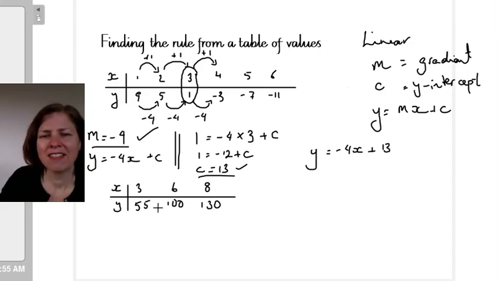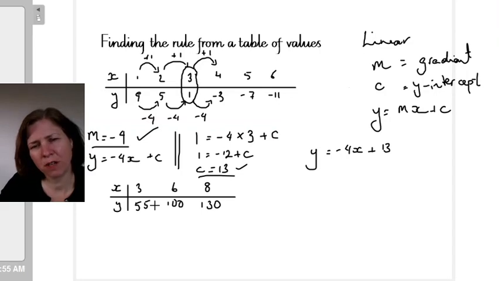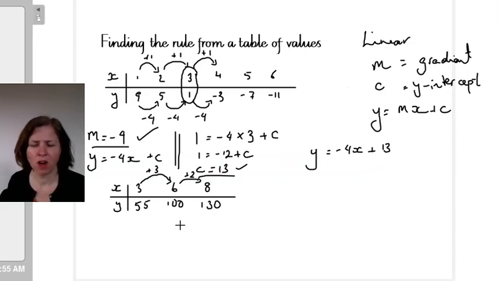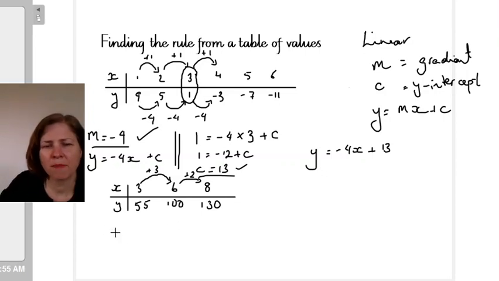All right, now this second example is a little bit different because when I check from this value of x to this value of x, I'm going up by 3. And this one, I'm going up by 2. So that doesn't really help me to find the gradient just straight away. So what I'm going to do is use this equation, m equals y2 minus y1 over x2 minus x1, and I'm going to choose two values.